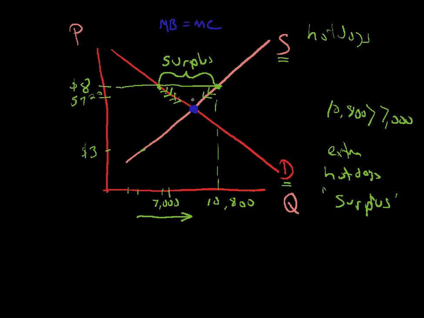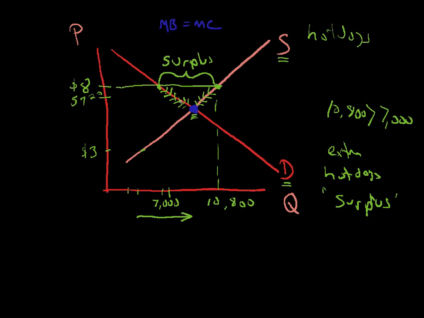What about the supply curve? As the price goes down, these people are buying the hot dogs, the surplus is going away, but most importantly, these guys are not going to produce more hot dogs in the long run. In the long run, this keeps working its way down till we get to exactly, voila, where the marginal benefit curve equals the marginal cost curve.